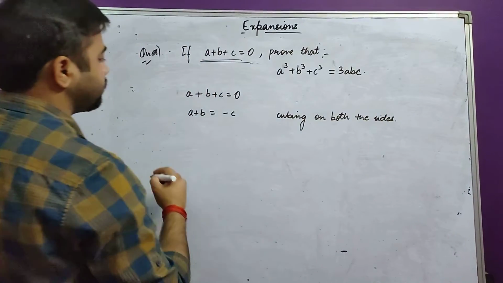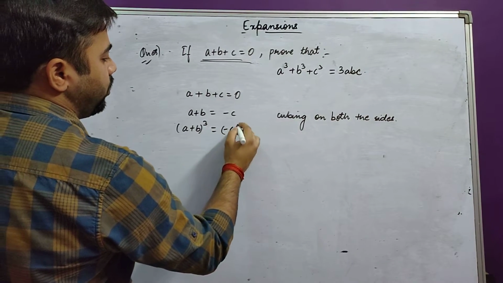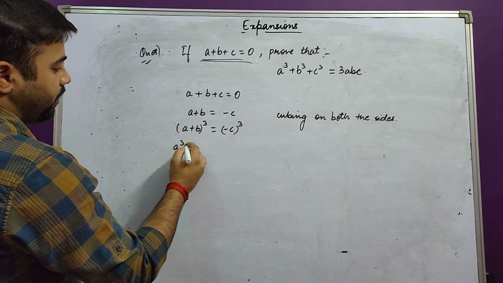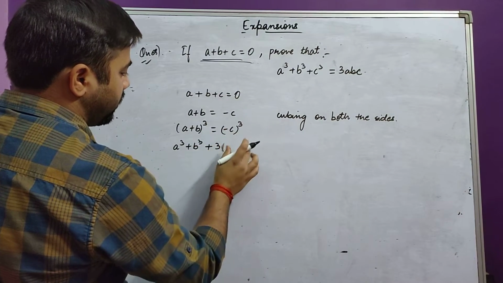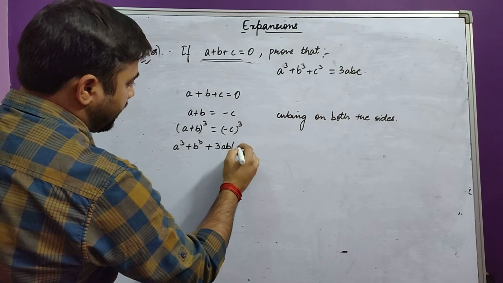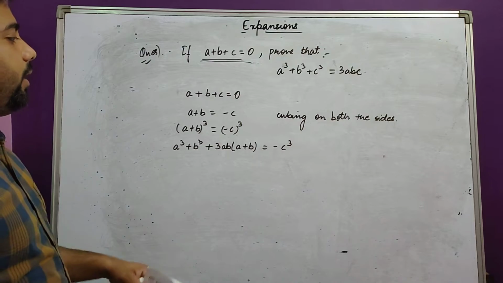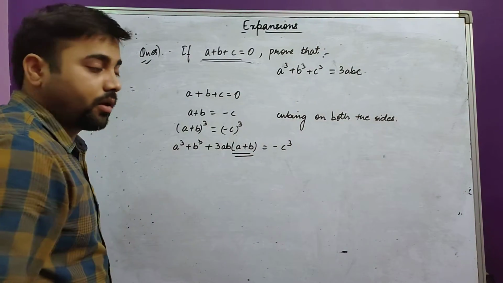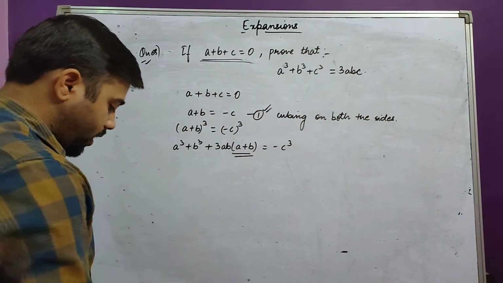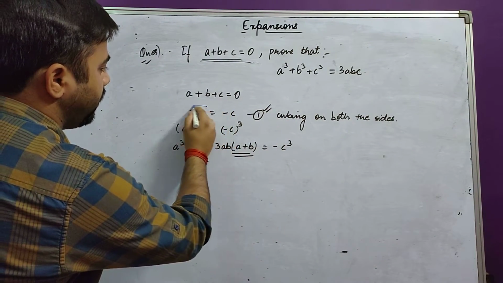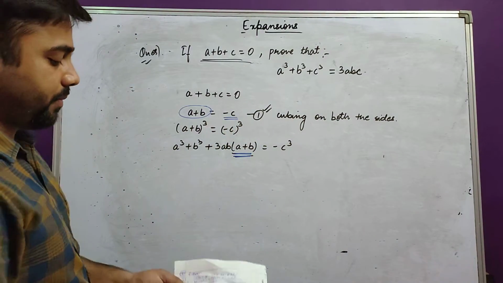on both the sides. It comes out to be a plus b whole cube is equal to minus c whole cube. That is a cube plus b cube plus 3ab within the bracket a plus b is equal to minus c cube. Now in place of a plus b, we are going to write minus c over here.